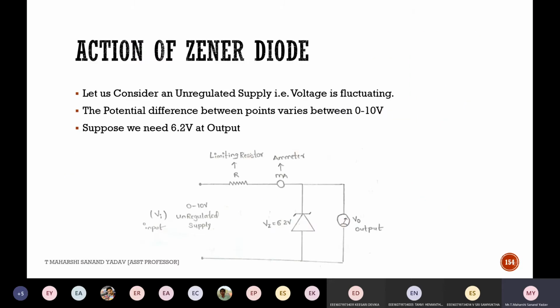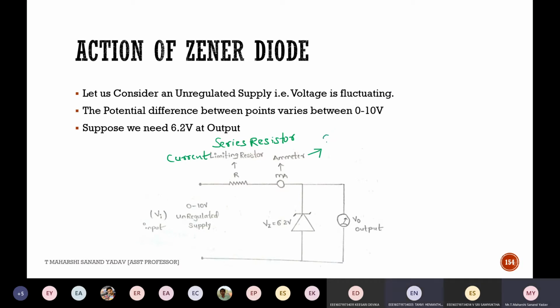Next, see some of the action. In this example, the resistor R is the limiting resistor, or you can consider it a series resistor. This is current limiting. Here I'm connecting an ammeter, which is used to measure current.